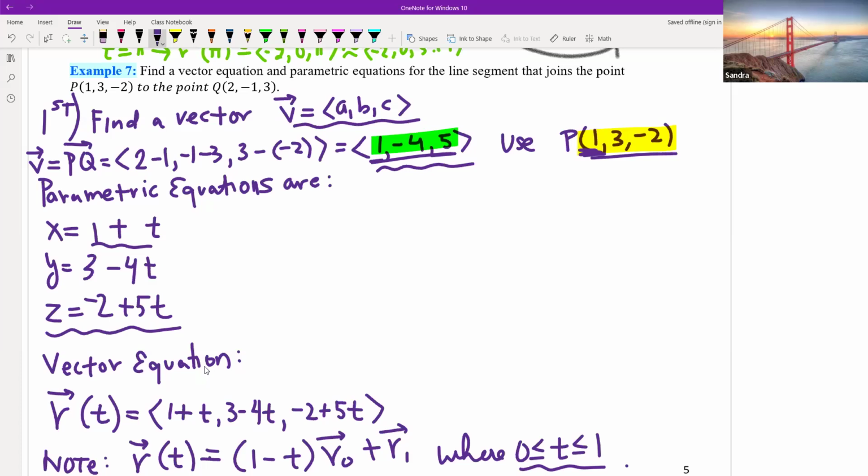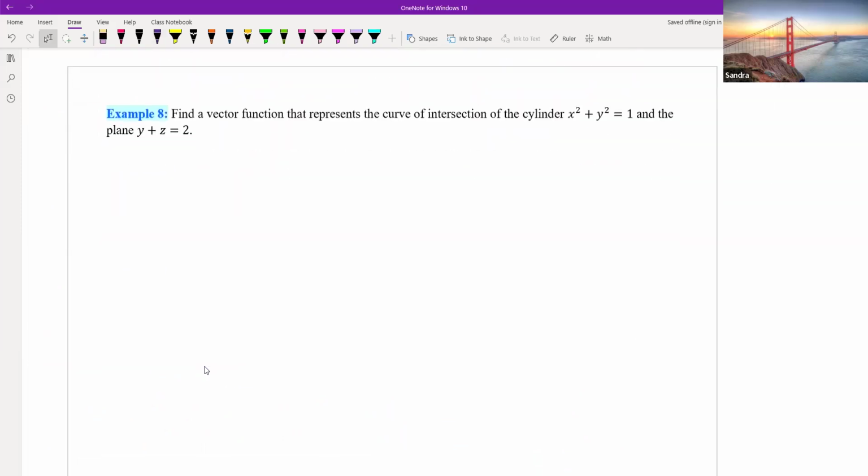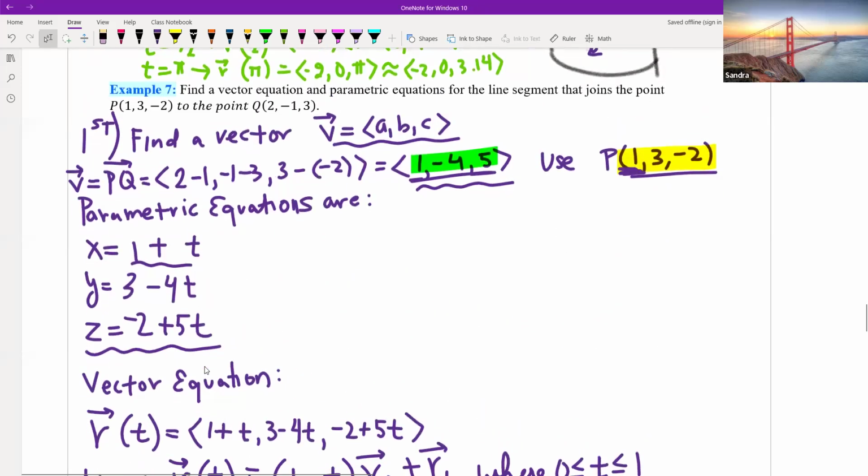All right, so let's go ahead and move on to the next example. We have example number 8. It says, find the vector function that represents the curve of intersection of the cylinder and the plane. Well, if I compare my example 8 with my example 7, I am already running into some problems.